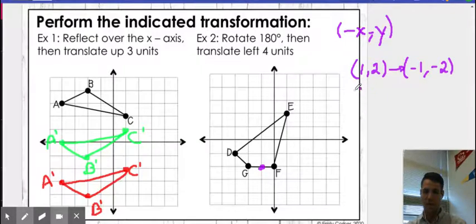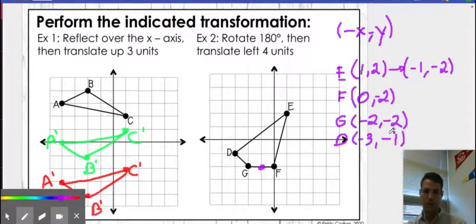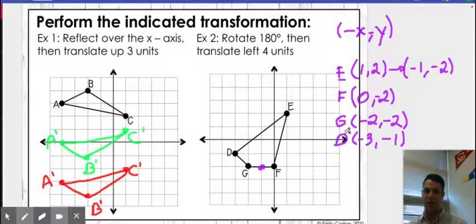Got my first point. And then we'll go in alphabetical order, so we'll go around the shape clockwise. This was point E for our first shape. And then we have point F, and then G and D as our original points.